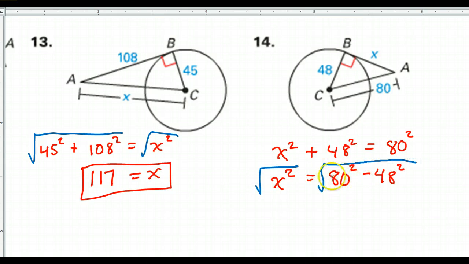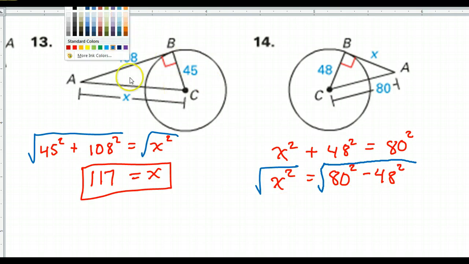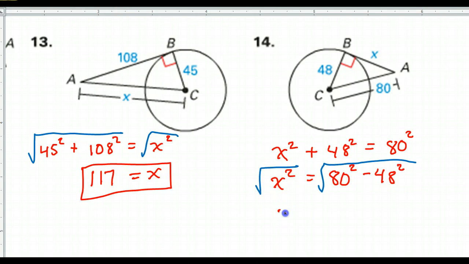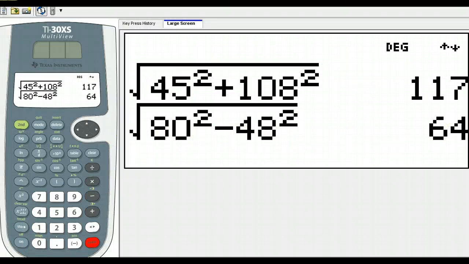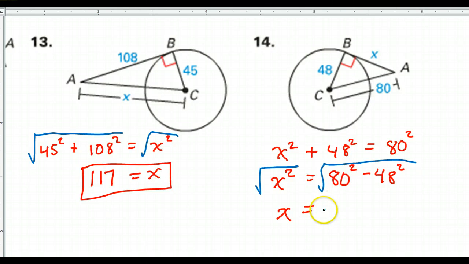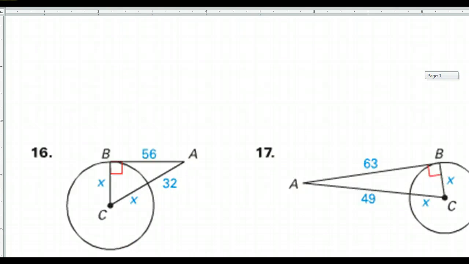I don't like to take the time to square this and square that. It's just unnecessary. Why do it? Let's just let the calculator do the work. I don't think of it as being lazy. I think of it as being efficient. And in your calculator, it will look like this. And you get 64. So x equals 64.